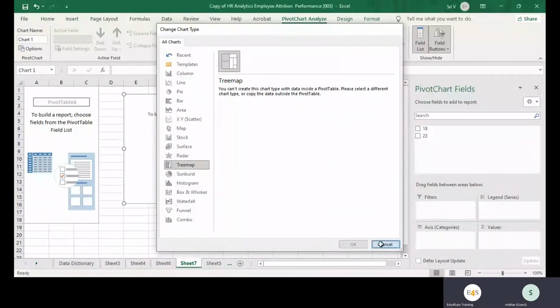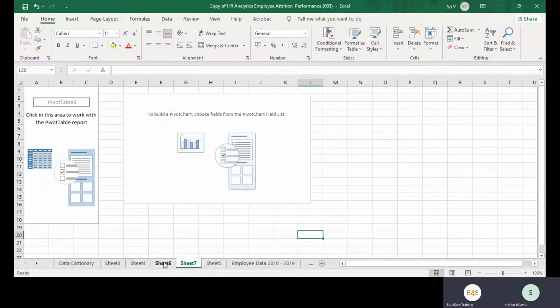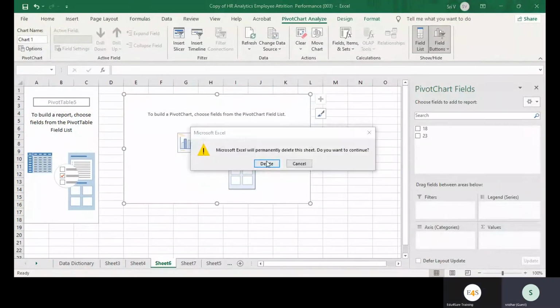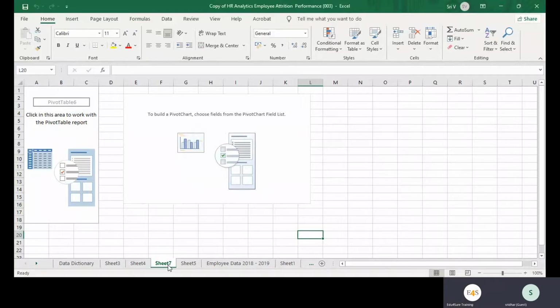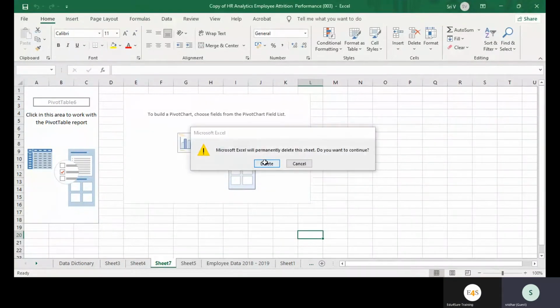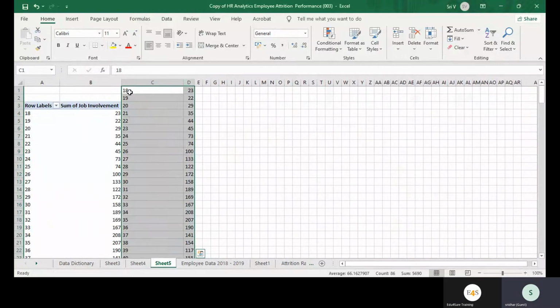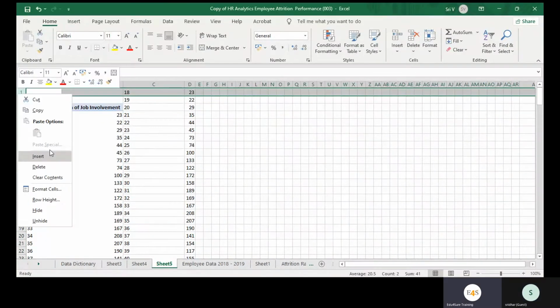Again, it says no. I don't know why. Did you see what it says? You cannot. But I came out of the pivot and then I'm trying, but it's not working. See, this is the chart, right? Yes. So probably you do not have header.